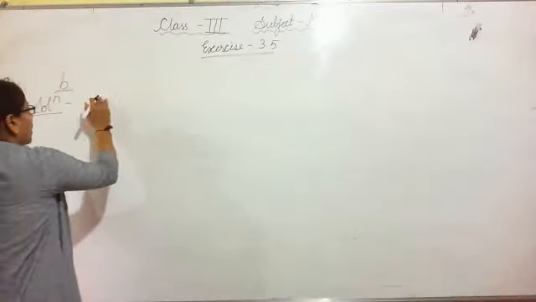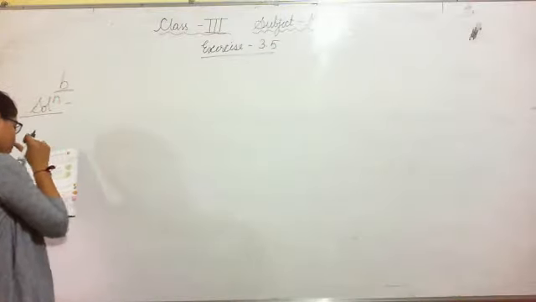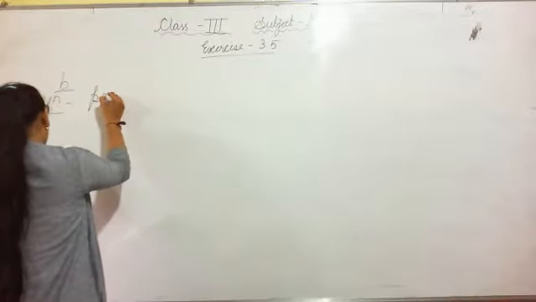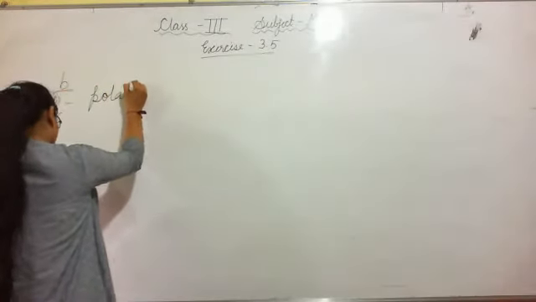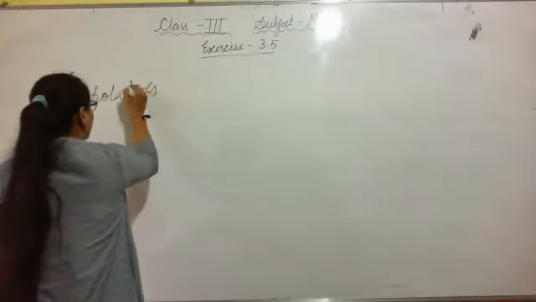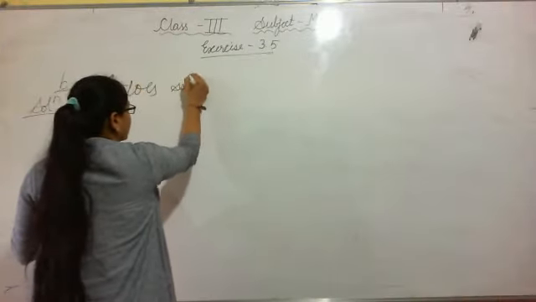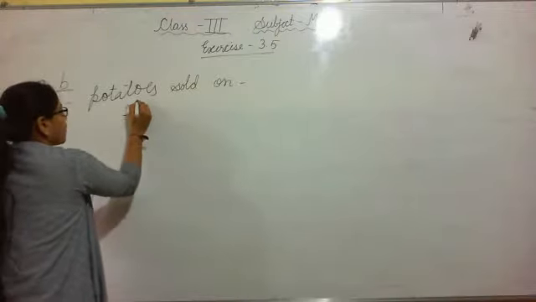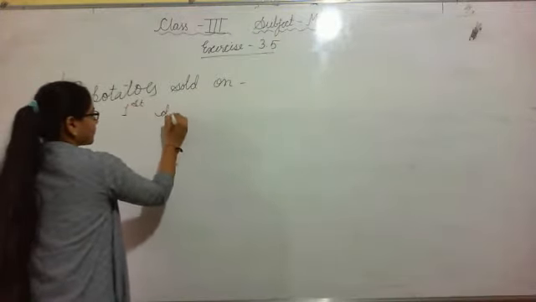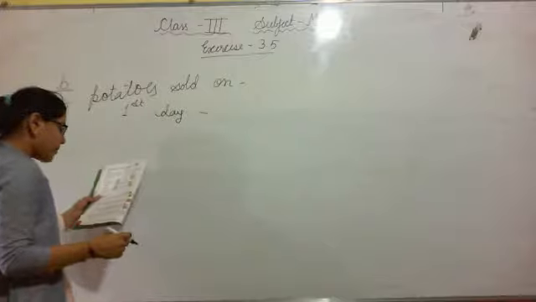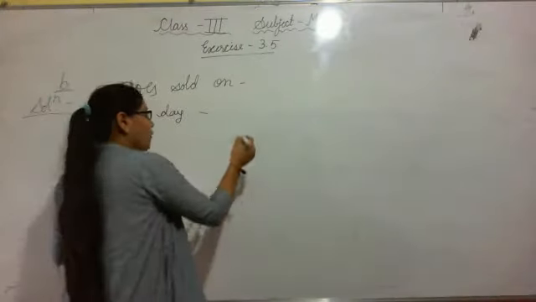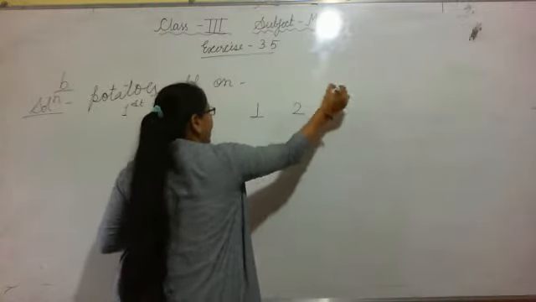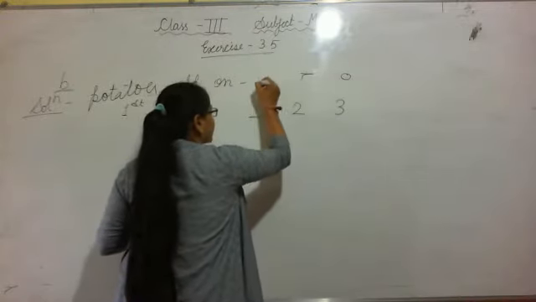So let's write about the sold potatoes information. Potatoes sold on first day. First day, how many potatoes are sold? 123. So let's write 123, and do not forget to write ones, tens and hundreds.